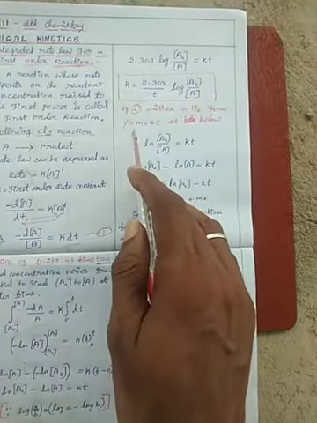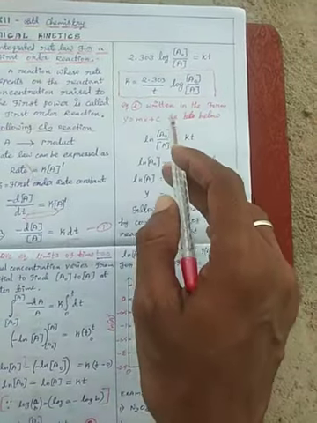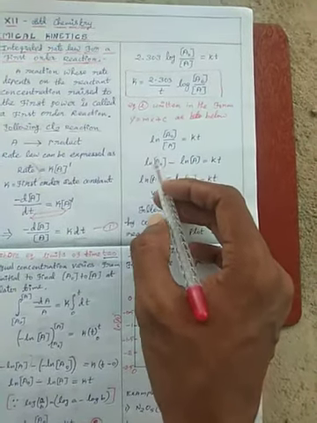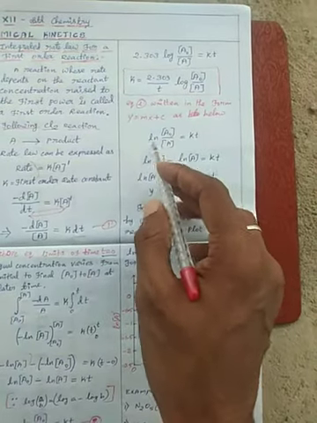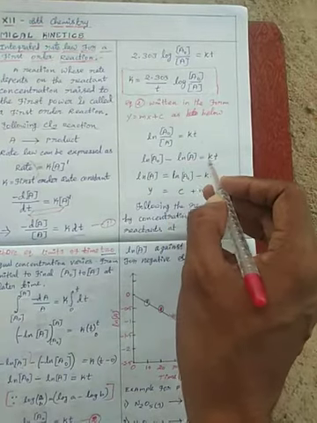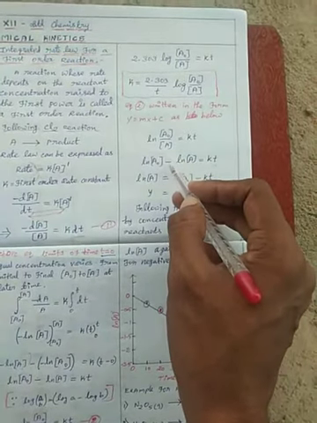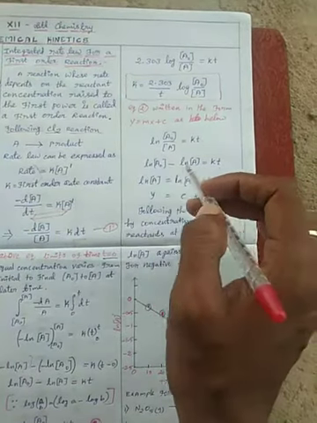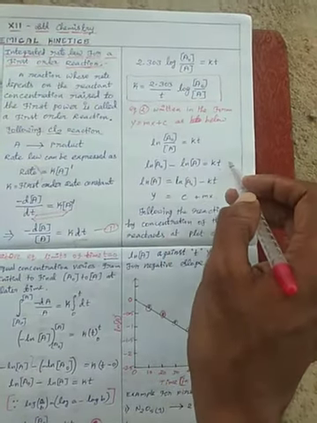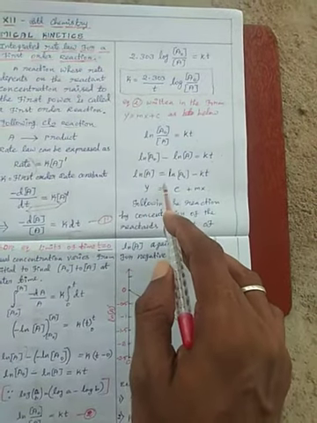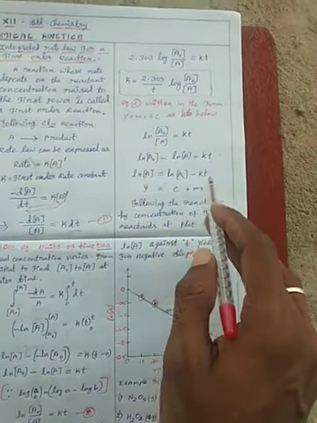Consider the form for the plot of the graph, the straight line equation y equal to mx plus c. So ln A naught minus ln A equal to kt, which gives ln A equal to ln A naught minus kt.